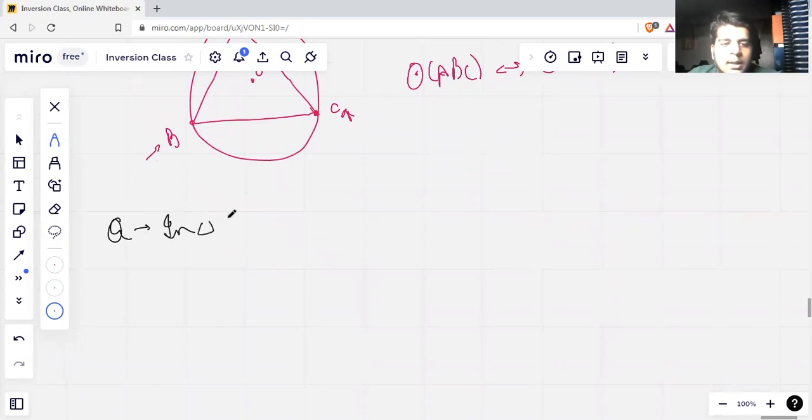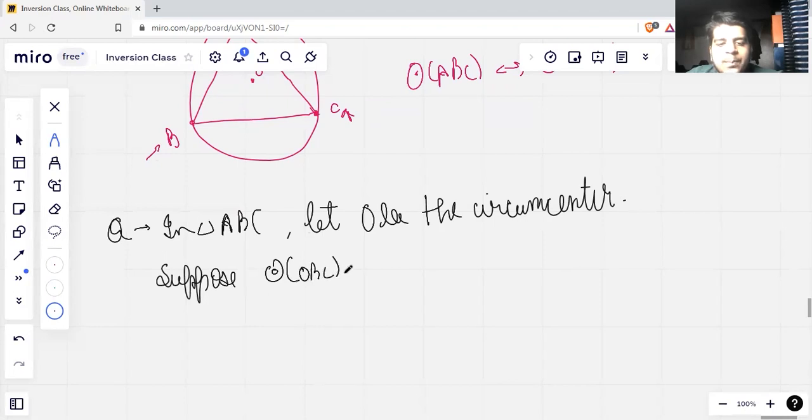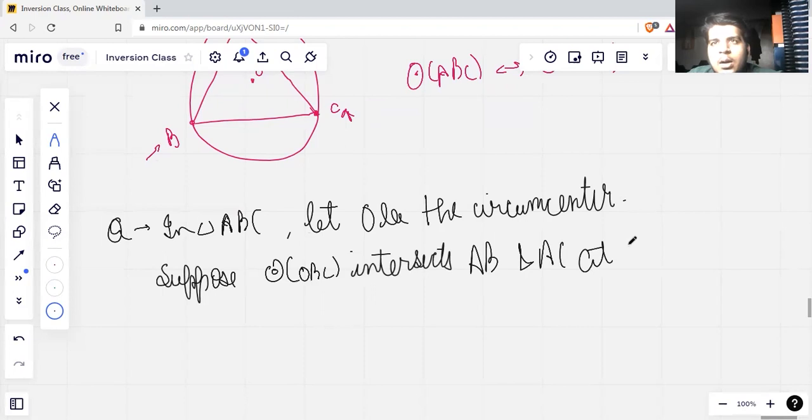In triangle ABC, let O be the circumcenter. Suppose circle OBC intersects AB and AC at B1, C1.